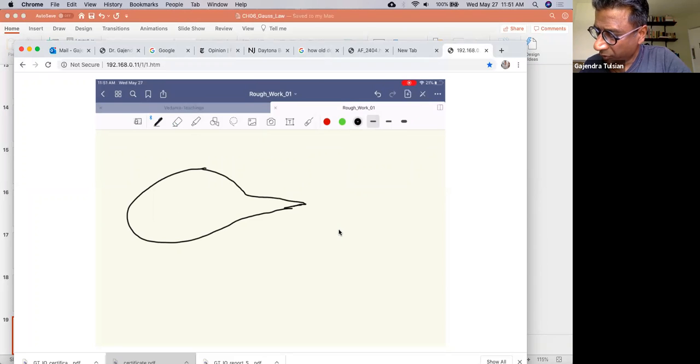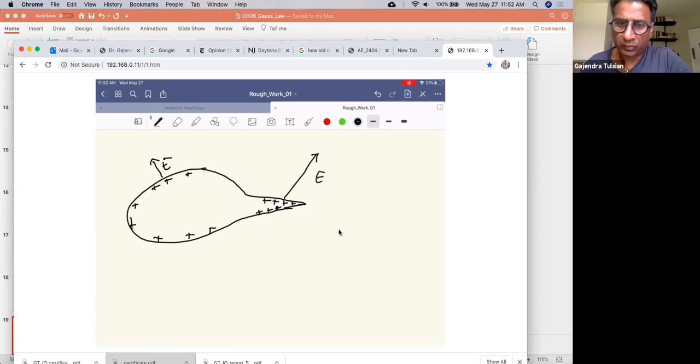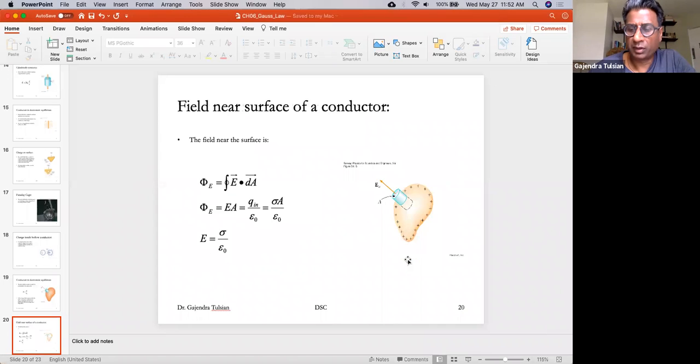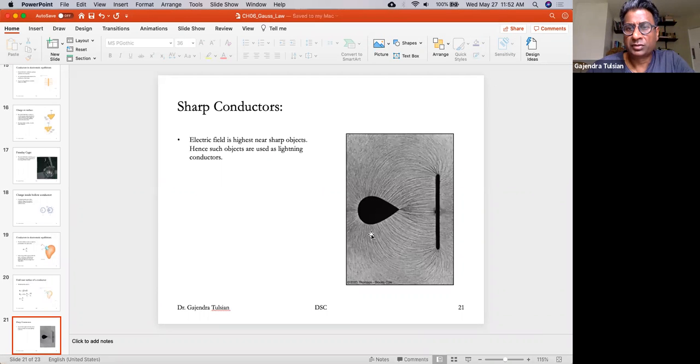So let me draw the conductor: the surface charge density is small here and high here. The electric field here is not as strong, whereas here it's quite strong. The electric field is strong around sharp edges, and we have a diagram showing you that. Here's a conductor that's charged, and you can see that the electric field here is strong, and here it's weaker.